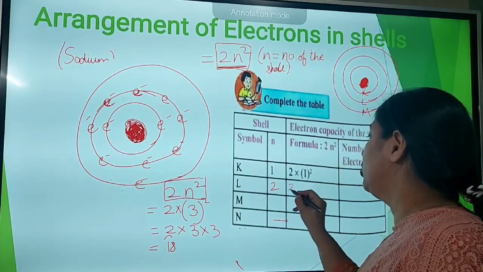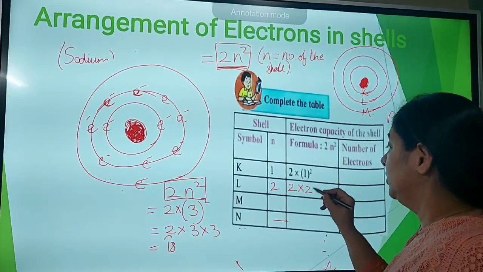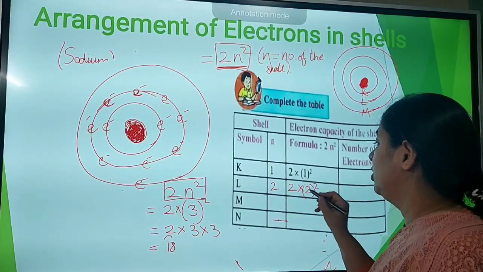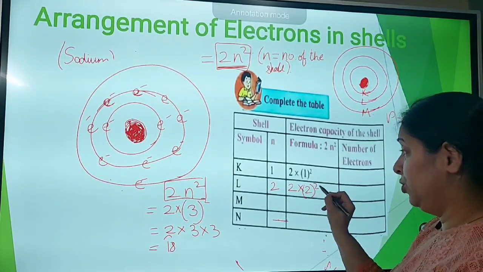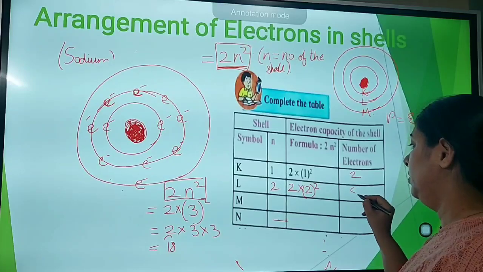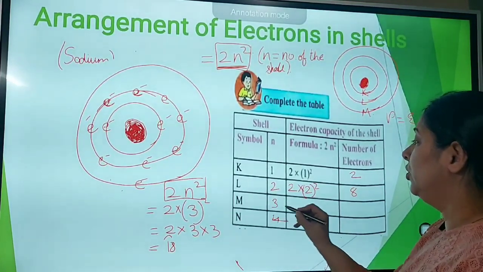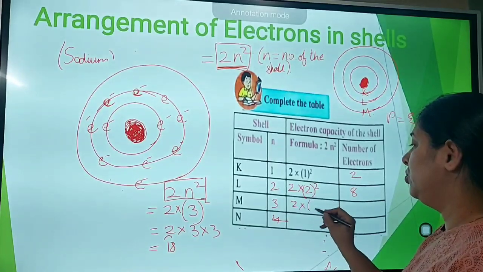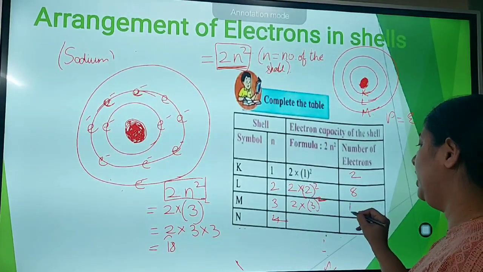So 2 into the square of 2. What is the square of 2? 4. The square of 2 is 4. 4 into 2, 8. M shell is your third, N shell is your fourth. So 2 into 3 squared, 3 3 9, 9 2 18.